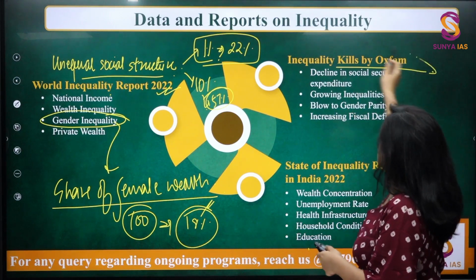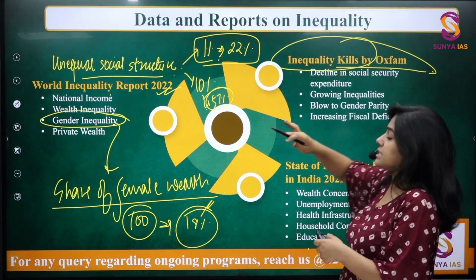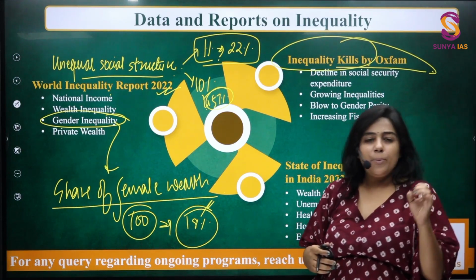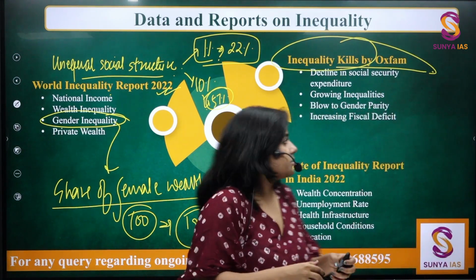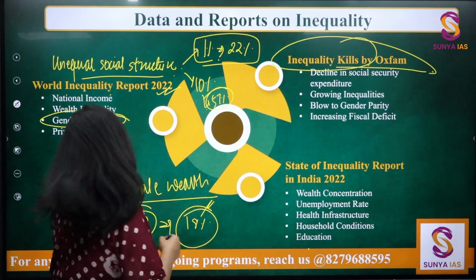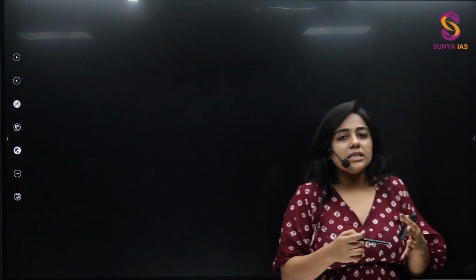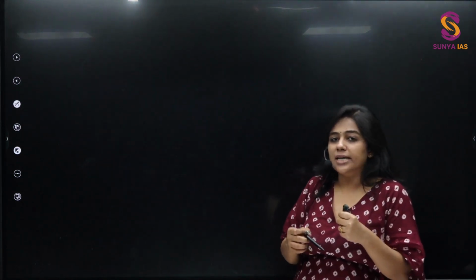Then there is the Inequality Kills report by Oxfam, and there is a very big issue that has been flagged over here. What are the social security expenditures that are supposed to be done?